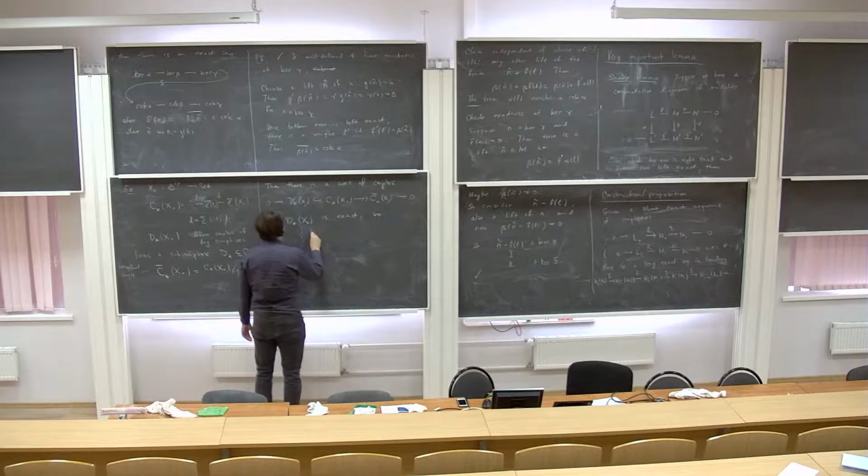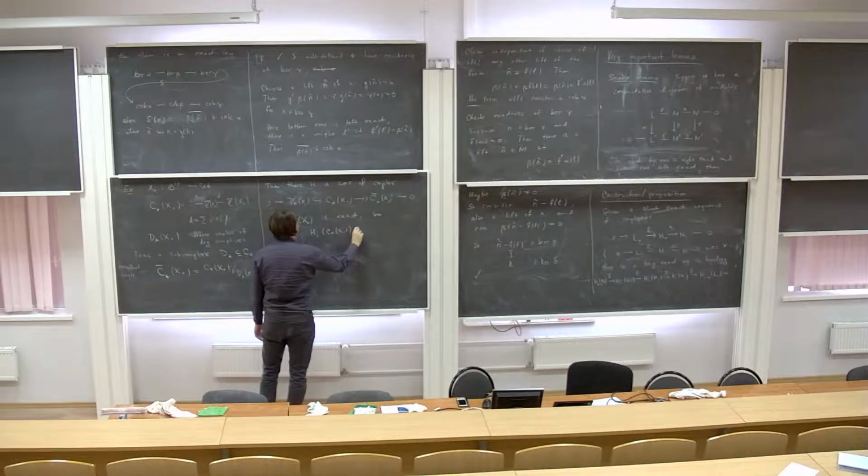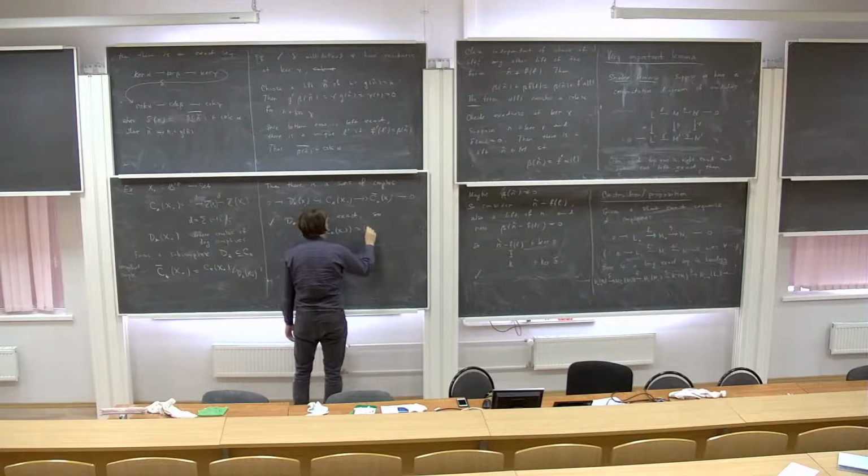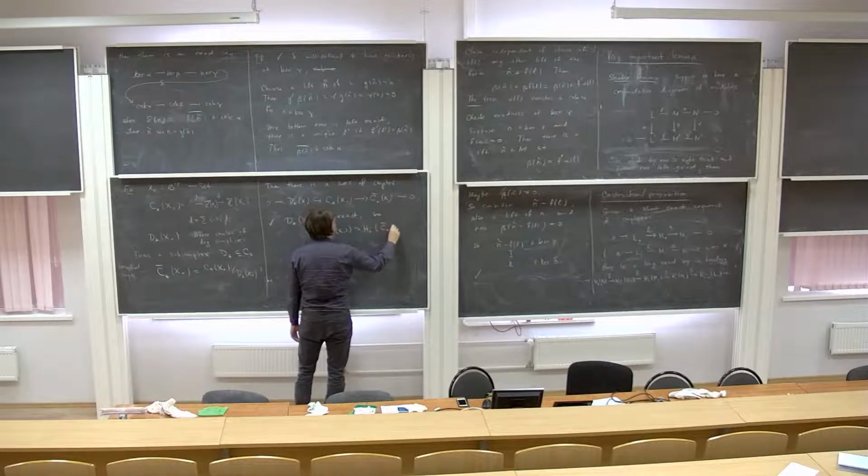So we'll get that homology of this big complex is isomorphic to homology of this reduced complex. And this reduced complex is much smaller, so this is very convenient to know.